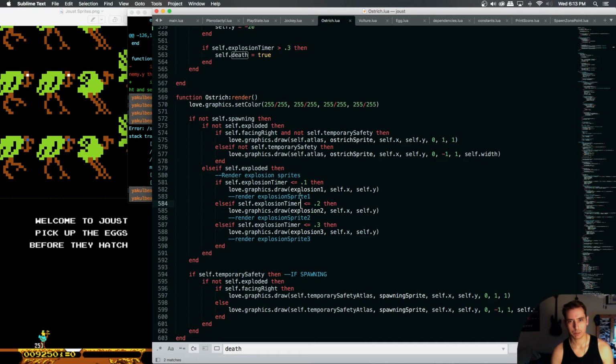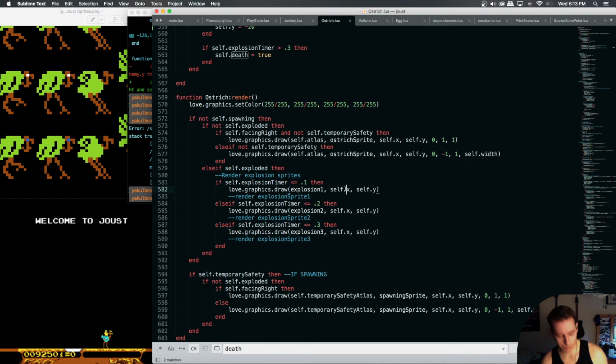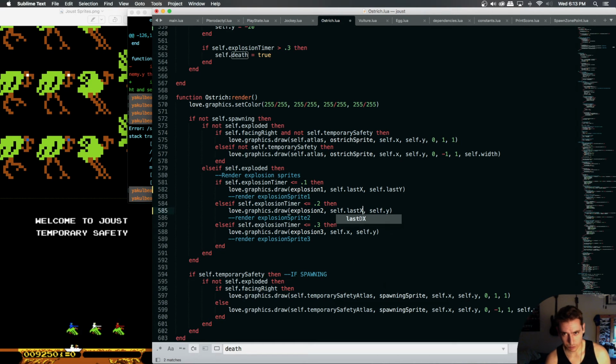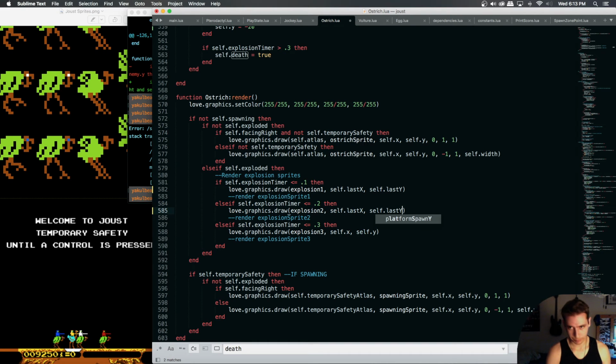We've got these explosion drawables that we're rendering at a self.x and a self.y, but this should really be last X and last Y. And then we need to update our last X and last Y, as long as we're not dying. That should fix that problem.